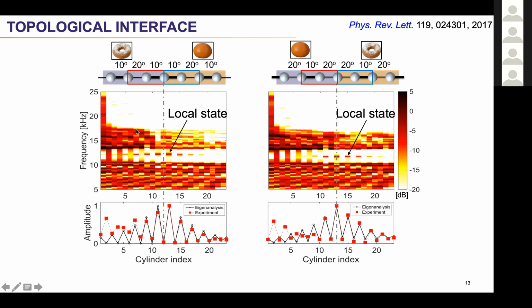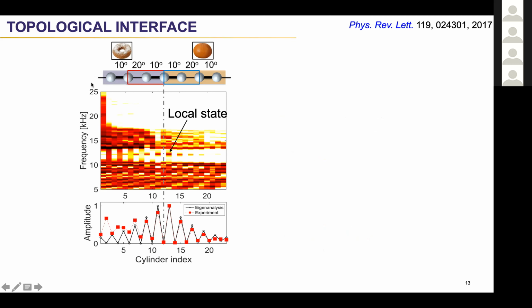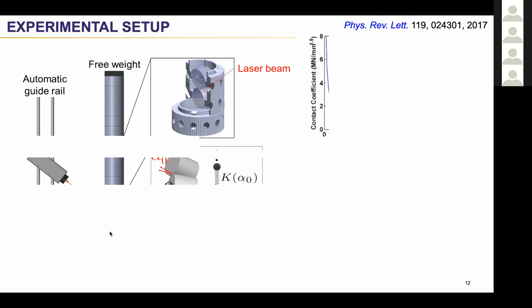So the thing is that in the experimental setup, when we revert it, because we are exciting this using a piezo actuator, you see here, our initial configuration is changing, right? Even this part.